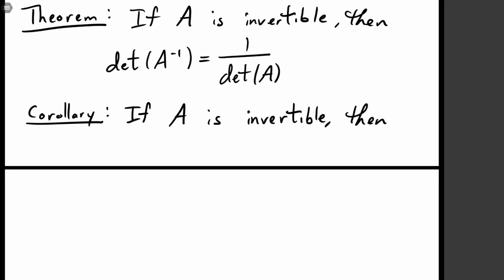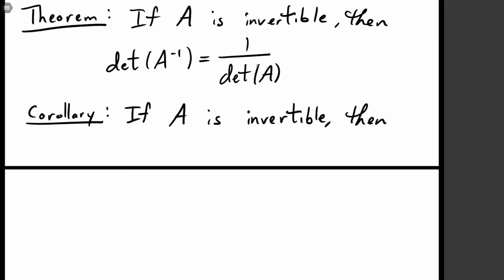What do you think? What does this equation tell us? That if A is invertible, what has to be true?